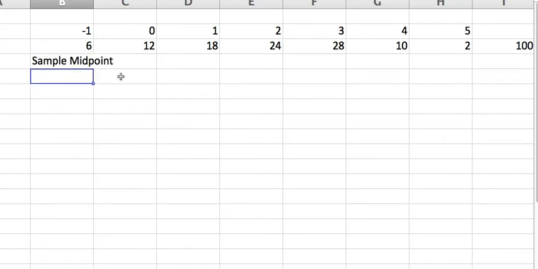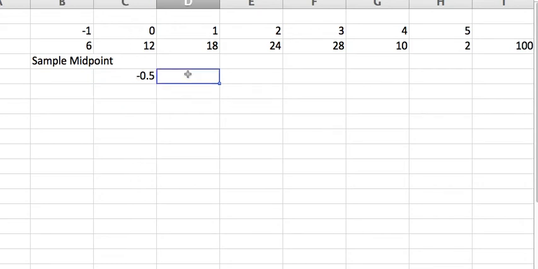I'm going to start over here, and halfway between -1 and 0 is -0.5. So a good representation for the sizes of this sample between -1 and 0 is -0.5.